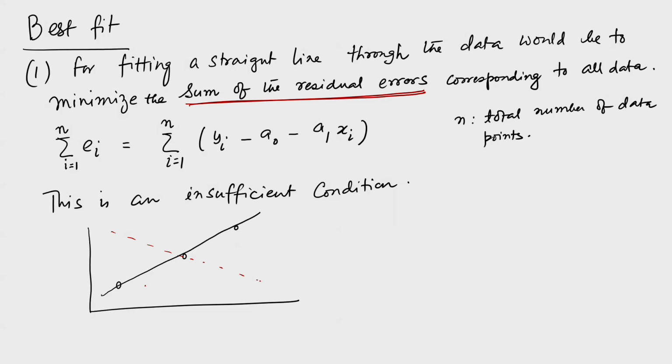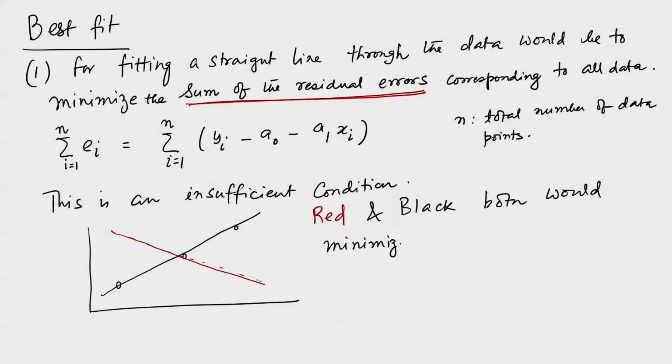So, both the red line and the black line would minimize the sum of e i.